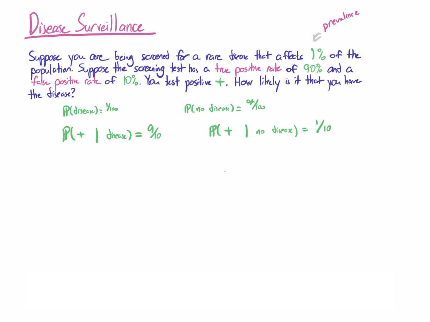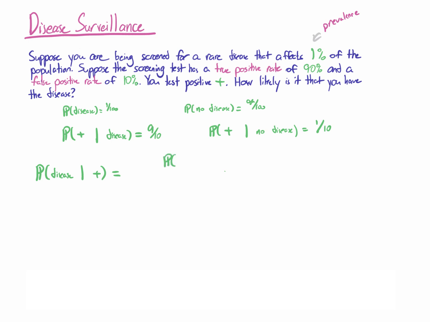So if I do my Bayes' rule calculation here, what's the probability of disease given a positive test? Bayes' rule gives us our formula for combining these pieces together.